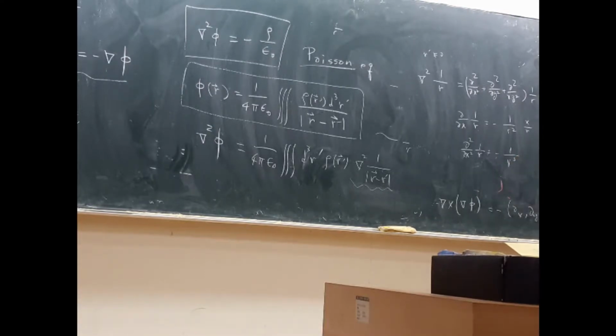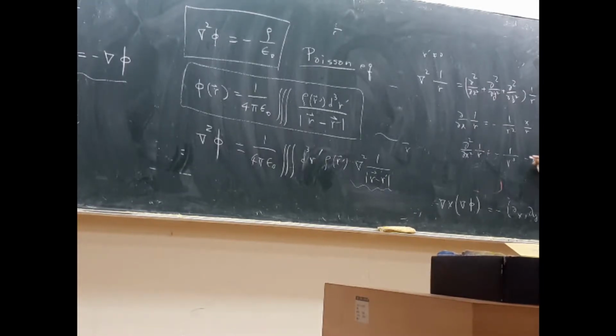R³, 1, right? And then differentiate with respect to r. So that's 3 r to the 4 r to the x. We met this before. Minus 1 over r³ plus 3 r to the 5th x squared.